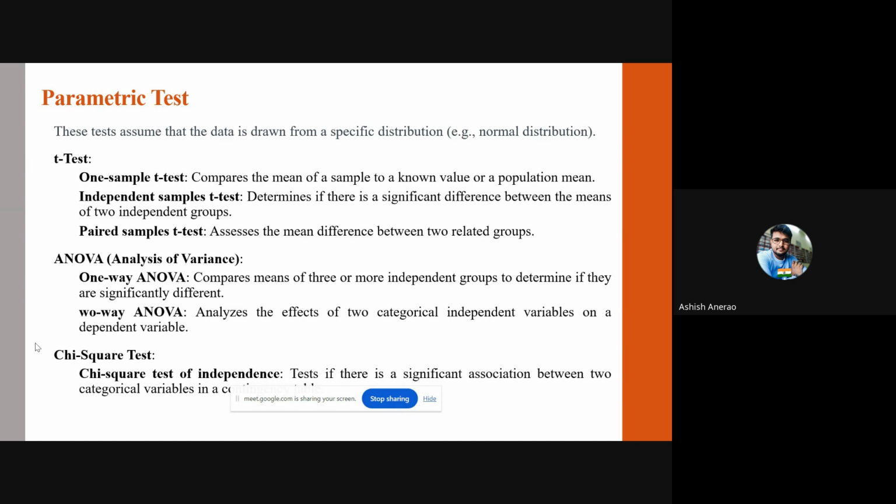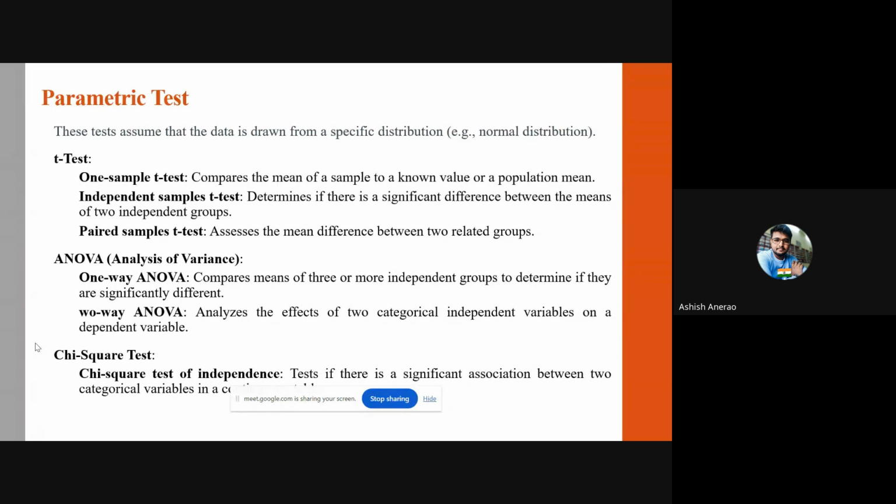Suppose we have two drugs, and we just want to check the effect of those drugs. We give one drug to 20 patients and another drug to another 20 patients, and we check some numerical readings and want to compare them.